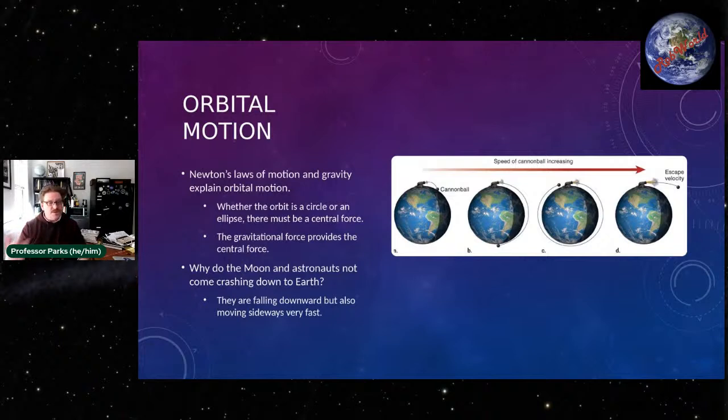If you keep going with this thought experiment, if you keep adding gunpowder, you keep making the force larger, and you keep making the initial velocity larger, you're going to get to a point where the rate of fall, essentially, exceeds the amount of time it takes to go around the Earth.